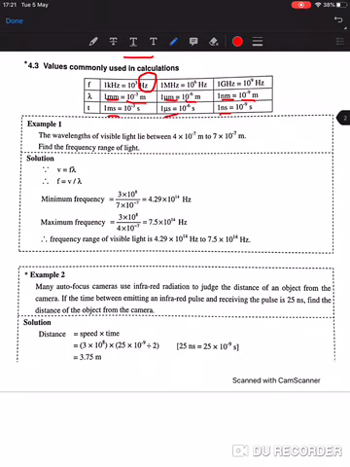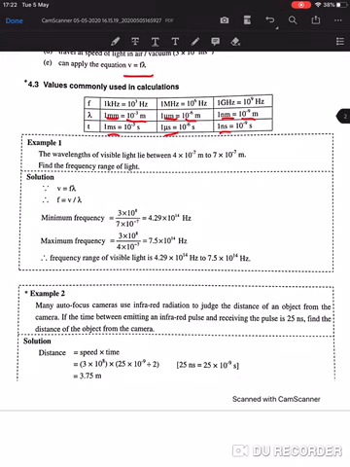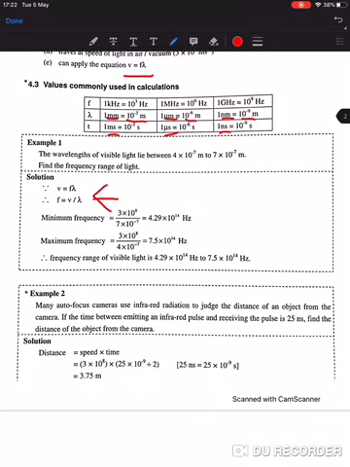Now, basically what this page is talking about is using the equation V equal to f times lambda. With this equation, you will be able to change the subject to find the frequency.